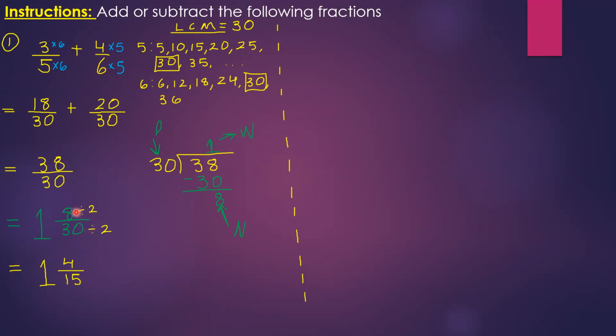We didn't change it into a proper fraction. We just simplify it, so we don't have to divide. If it's 8 over 30, we could do that. You can reduce proper fractions. That's possible. Yes, I got it.